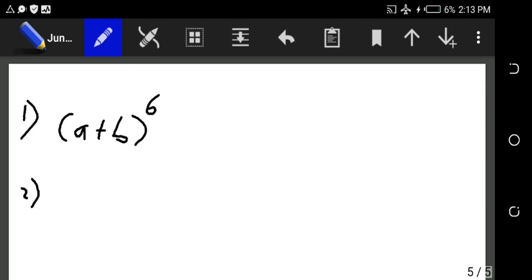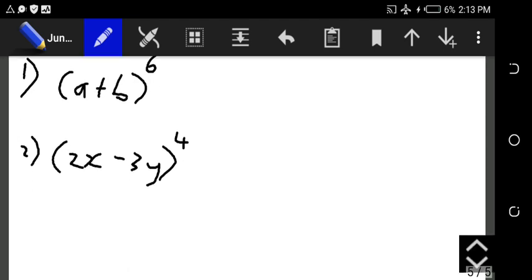Try to expand 2x minus 3y raised to the power 4 using the method of combination.